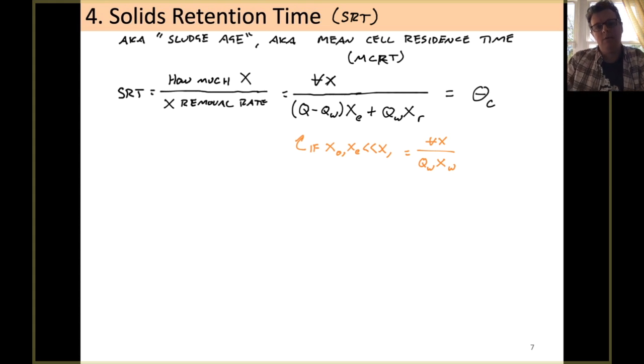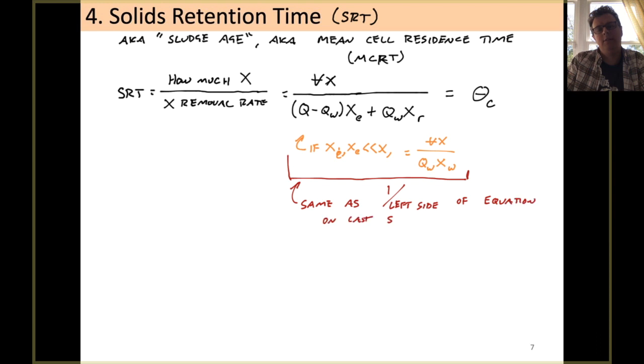If you made the same assumption that I made earlier about the effluent biomass concentration and the influent biomass concentration, Xi, then this term would look as I've shown here in orange. Now, what is important here is this is the inverse, or 1 divided by what we've had on the left-hand side.